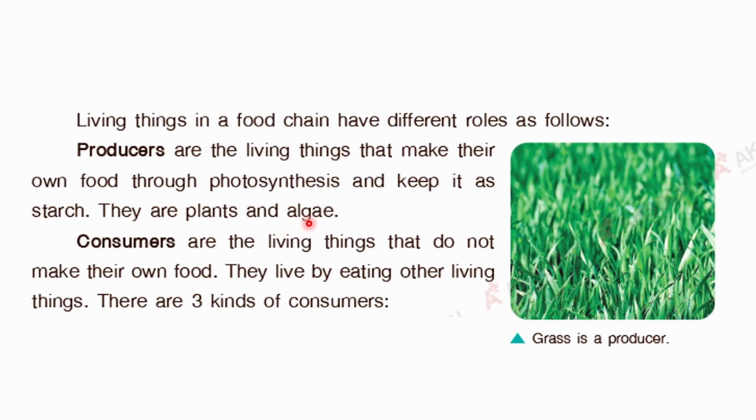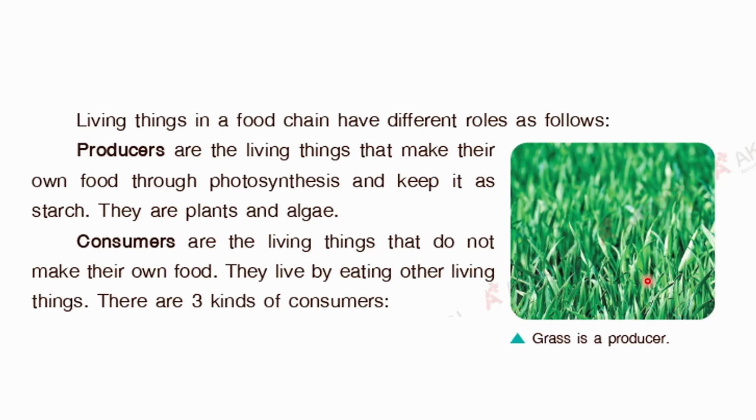Some people say algae. It's the same, it doesn't matter. Consumers are the living things that do not make their own food. They live by eating other living things. There are three kinds of consumers.